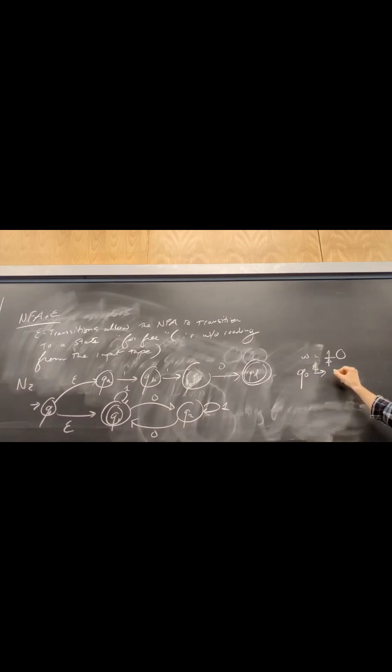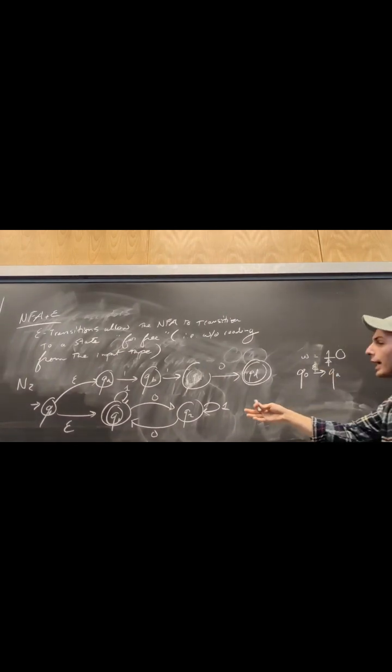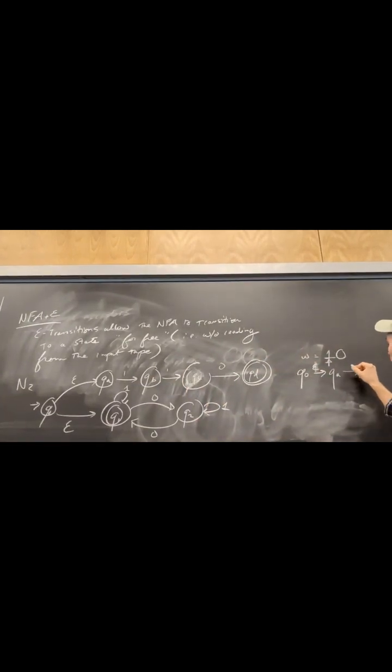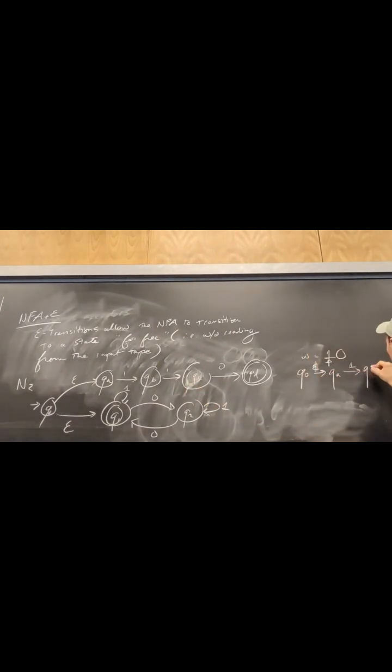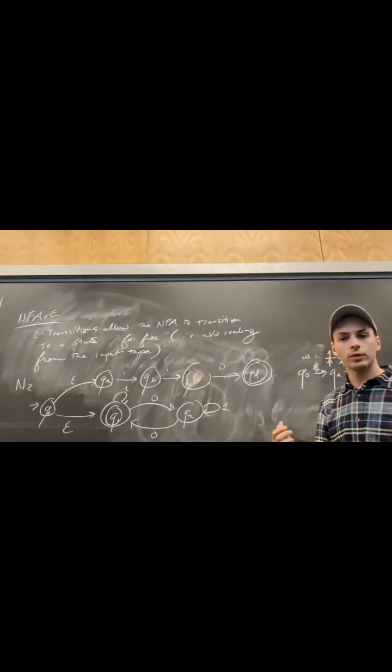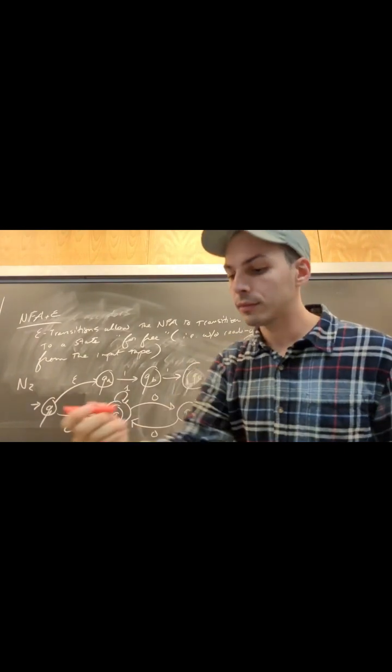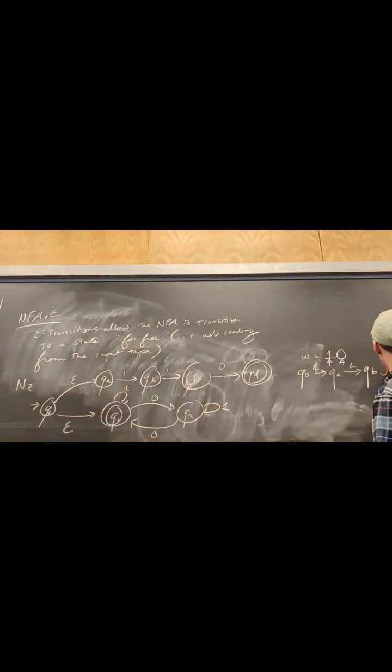It guesses to go to QA, and then it says, okay, well at QA, I have no choice but to start reading the actual string. So now I read a 1, I'm able to go to Q2. But at Q2, I'm now reading a 0, and so what happens here is I jam. So this is a jam, because there does not exist a 1 transition.